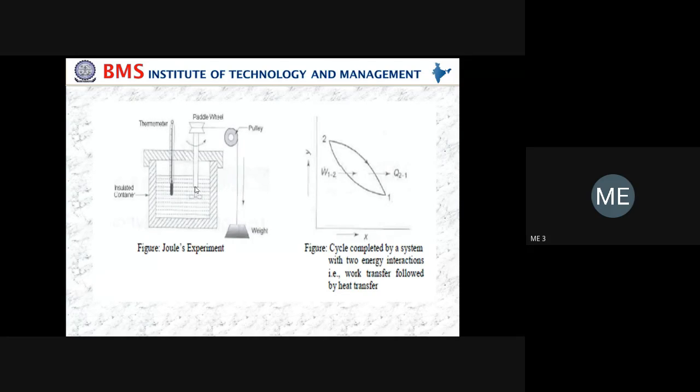When the paddle wheel starts, it rotates the pulley on the other side, thereby causing the weight to move a certain amount. We studied work done on the system and work done by the system. The work done on the system is a negative quantity, and the work done by the system is a positive quantity. On the other hand, Q, the heat transferred to the system, is positive, and the heat rejected from the system is negative.